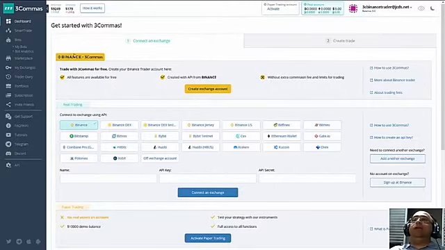But if I connect any other accounts here, I will need a subscription for 3commas to use them. So it's very important that you understand that you will only use 3commas for free if you limit yourself to a single Binance account, a single Binance Trader account, okay? So I will create my account here.